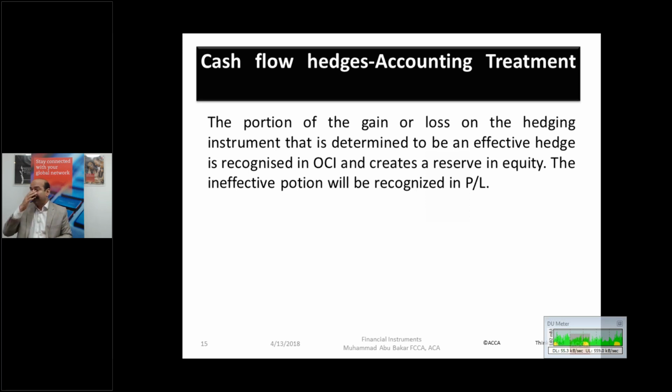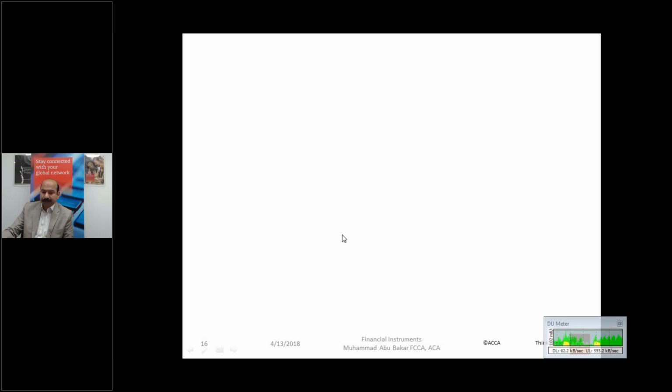So that's why there could be a possibility that the gain you made in one market is different from the loss you incurred in another market. So the difference between these two will be sent to the profit and loss account. So this concept is very important. I will be explaining it, of course, with the help of illustration number 6 at length, and then with a very small illustration as well.